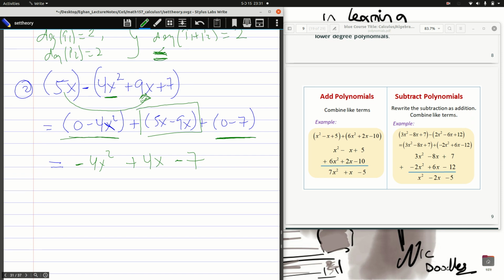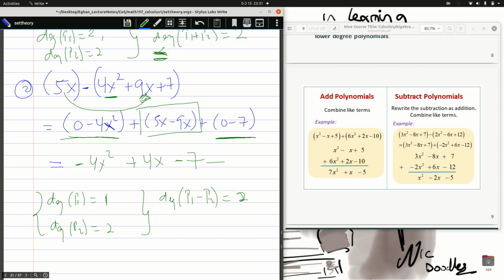Okay, so let's look at the property. The degree of the first polynomial was 1, that is the 5x. The degree of the second polynomial was 2. When I subtracted them, degree of P1 minus P2, I had 2.